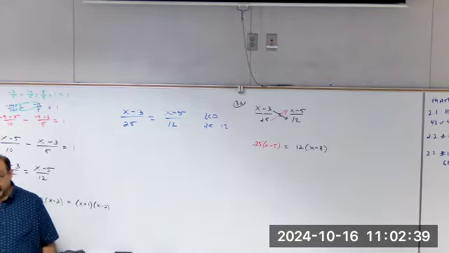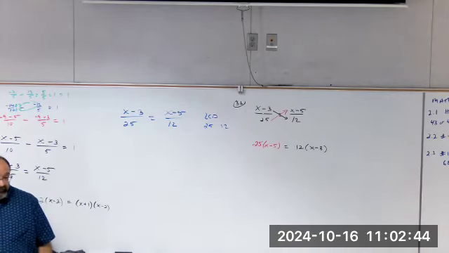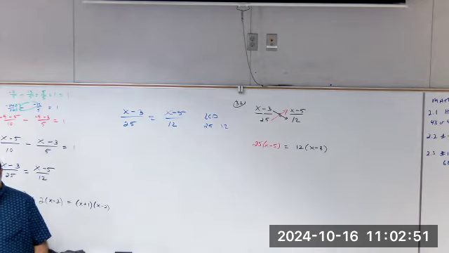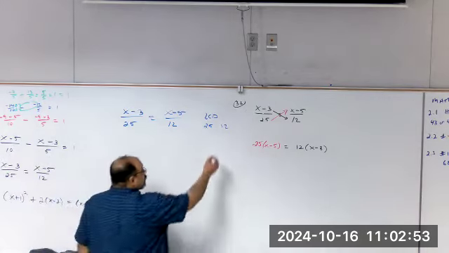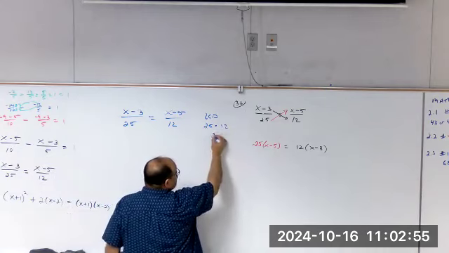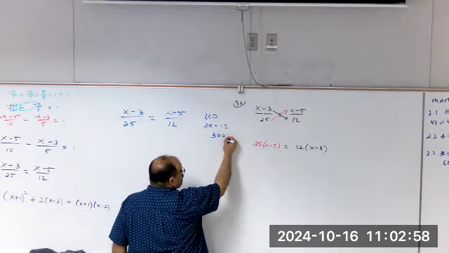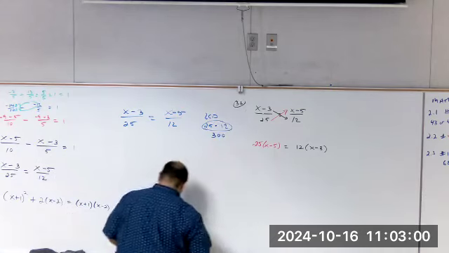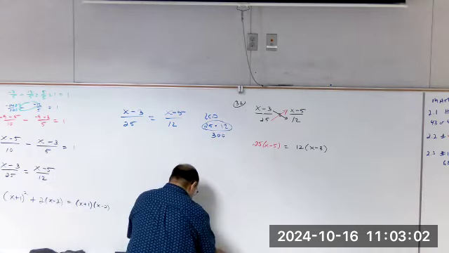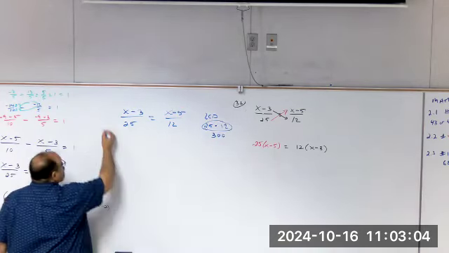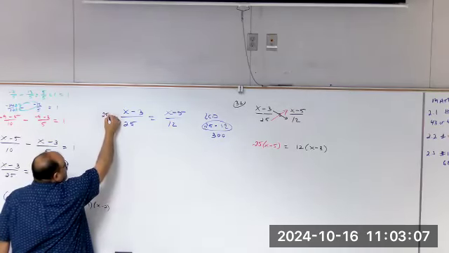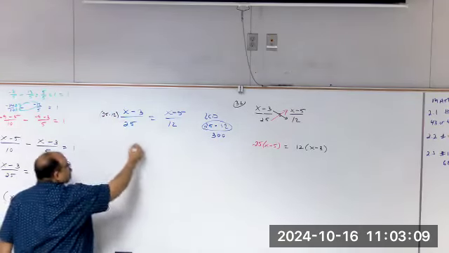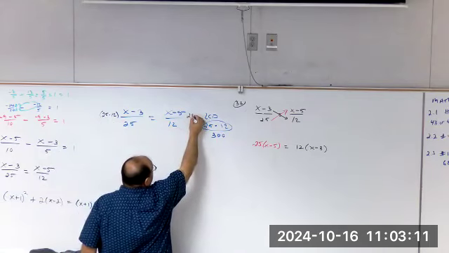Because 25 is only going to go into multiples of 25. 25, 50, 75, 100, 125. 12 doesn't go into any of those until we get to 25 times 12, which is 300. The least common denominator is 300, which is just 25 times 12. So I'm going to multiply by 25 and 12. It's better to see it that way.